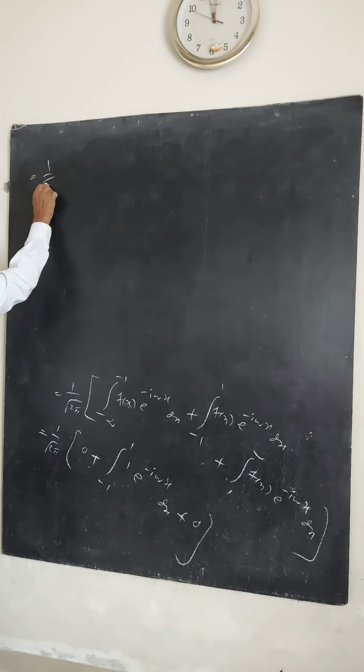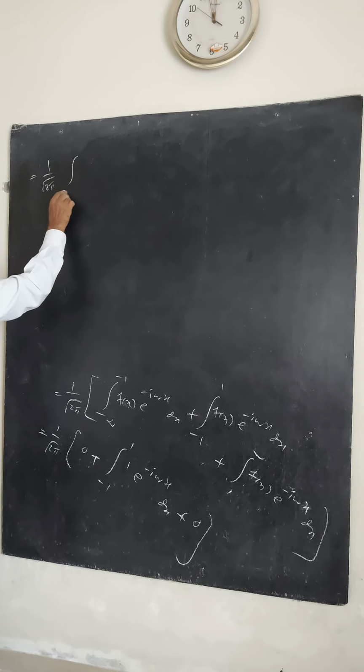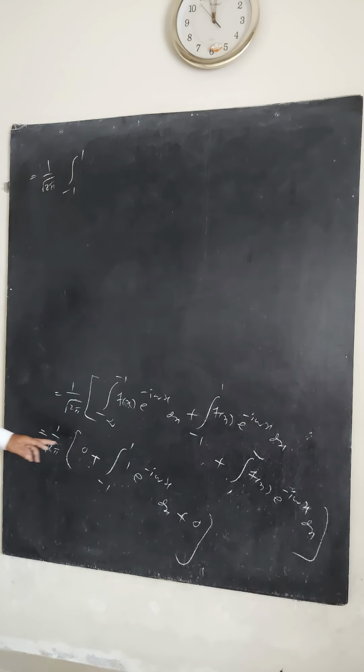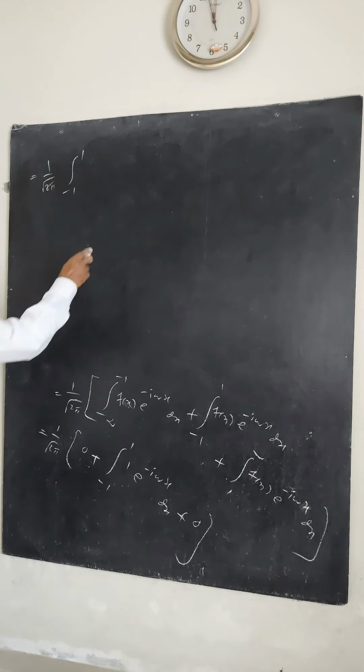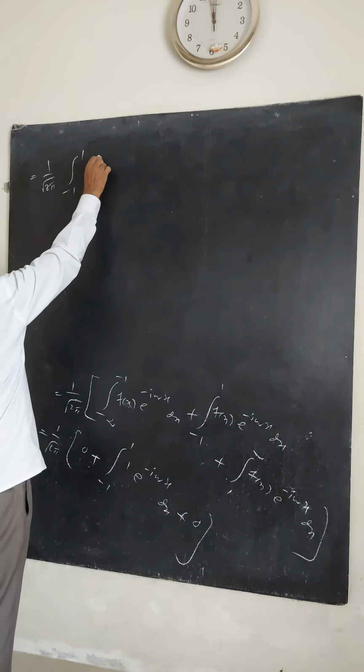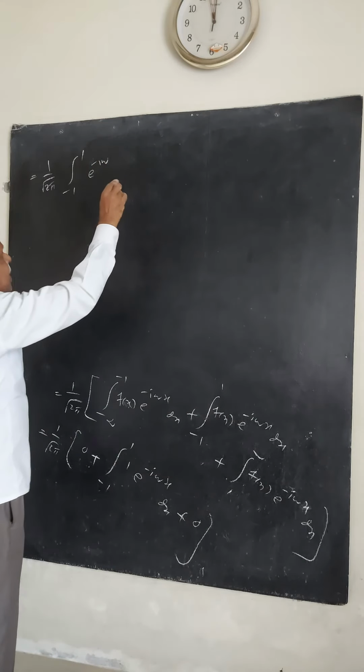So 1 by root of 2 pi, integral from minus 1 to 1 of 1 e power minus i omega x dx.